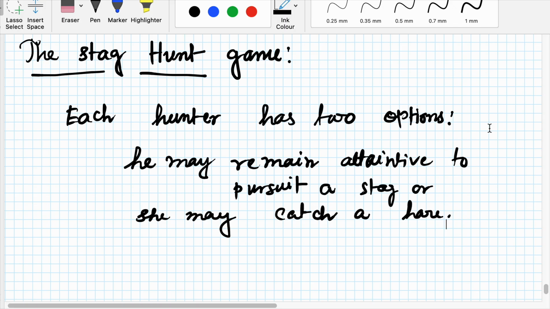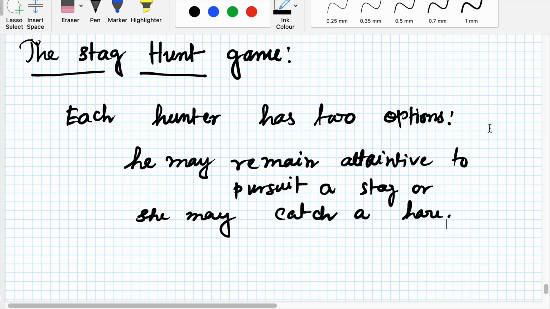If any hunter devotes her energy to catching a hare, the stag escapes and the hare belongs to the defecting hunter alone. That means catching a stag requires higher levels of effort and energy, so one individual cannot catch a stag alone.